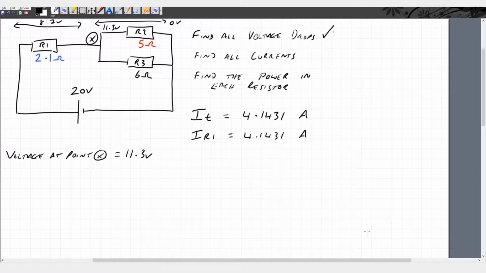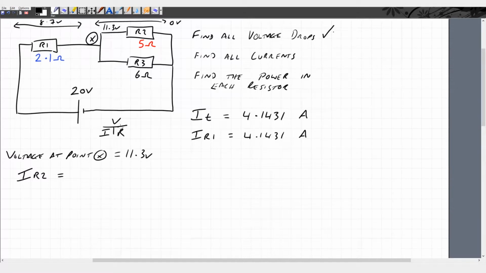So we found all the voltage drops, and I put a little X there just to show me what the voltage is at that point for working out currents later. The voltage at X is 11.3 volts. And the current in R2, I equals V over R, Ohm's law.